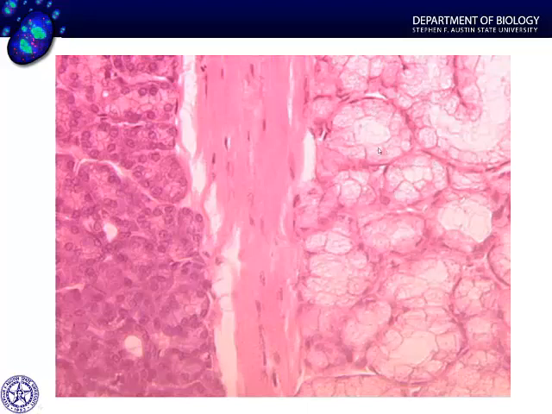And as we move over to our serous, you have nice, rounded, centrally located nuclei, much deeper staining in the cytoplasm, and really very little, if any, of our lumen are visible. That might be the lumen of a serous acinus there, but very little in the way of a lumen being visible. So notice the deeper staining, the rounded nuclei versus the flattened nuclei, the more pale stain, contrasting our mucus versus our serous glandular epithelium.